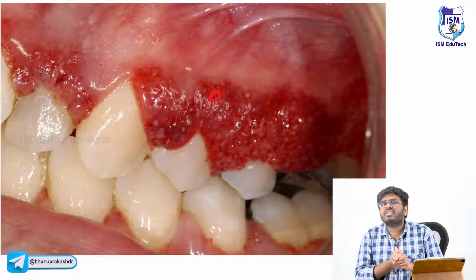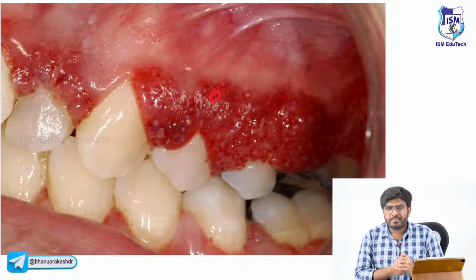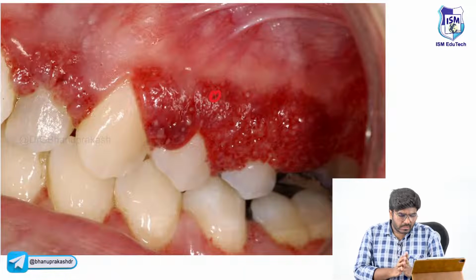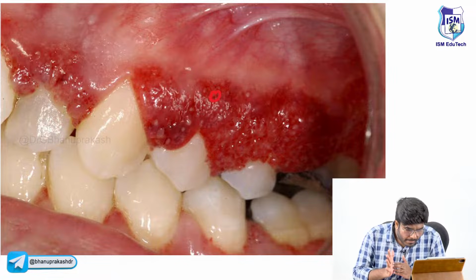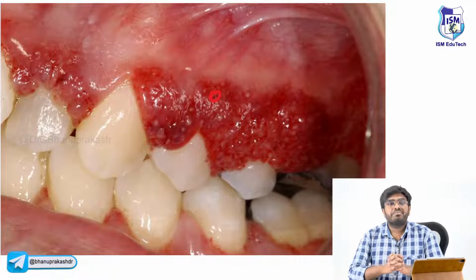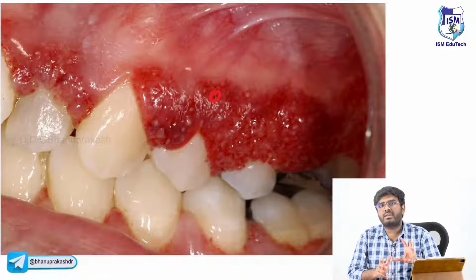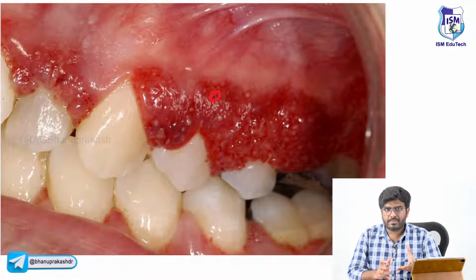Now, can you tell me where you will see the strawberry vagina, or the strawberry cervix? In which condition, sir? Strawberry vagina is an angry looking cervix.